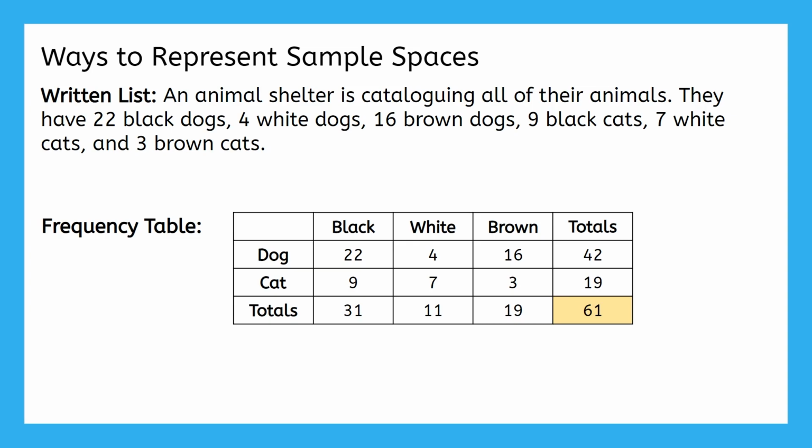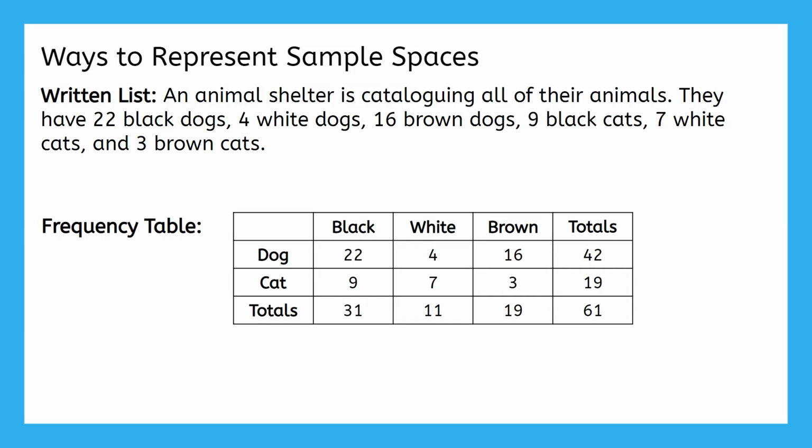So this bottom right box represents the total of all of the animals represented in this table. It doesn't matter if we categorize and find their total by the color of the animal or by the species. We call tables like this frequency tables because the numbers in each box represent how many outcomes meet each criteria.